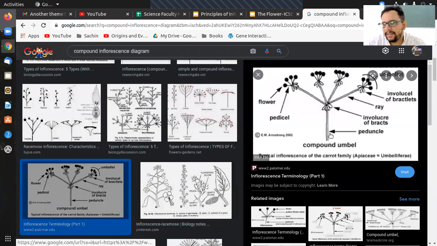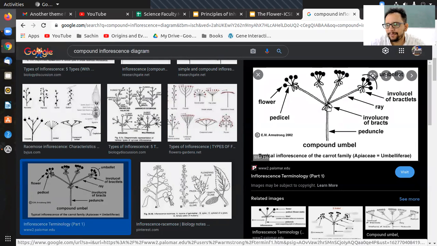Now for example, let's say these are the various branches, right? And on the branches, what you have is, let's say, cymose inflorescence. That means the young flowers are at the base, and the old flowers are at the top.